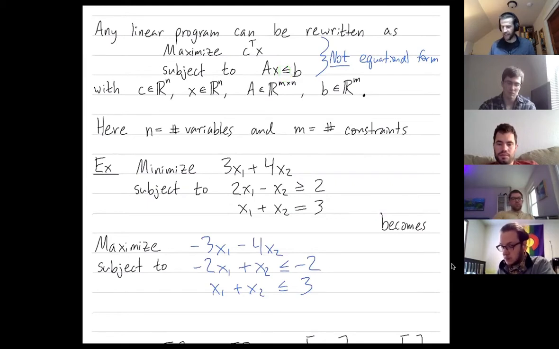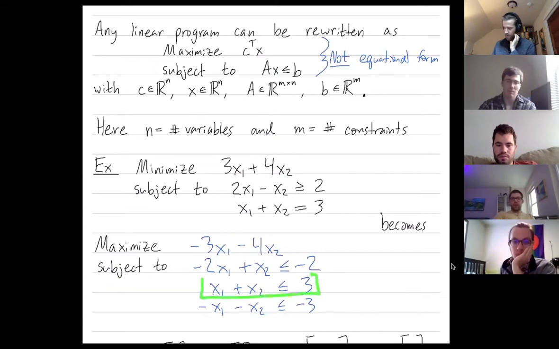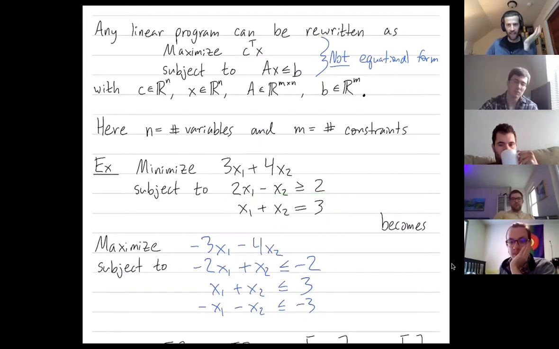So instead of writing x1 plus x2 is at least 3, I'm going to multiply that by -1 to get -x1 minus x2 is less than or equal to -3. Logically, that's the same as saying that x1 plus x2 is at least 3. And then combining that with x1 plus x2 being at most 3, we get x1 plus x2 is exactly equal to 3.